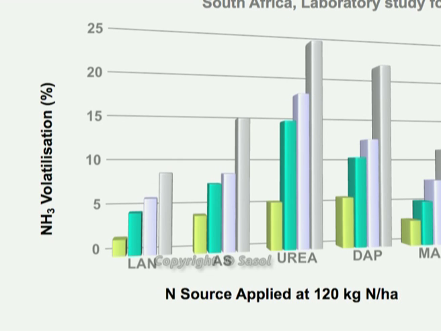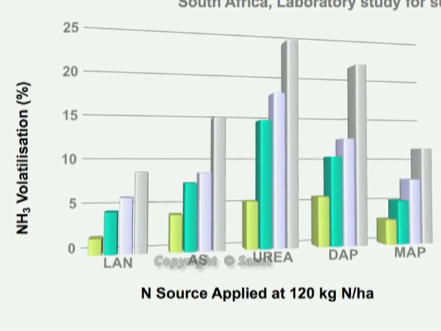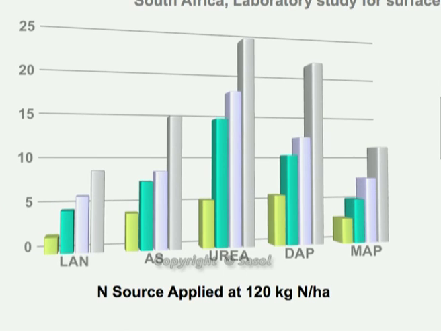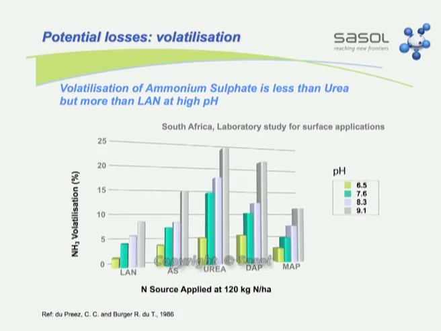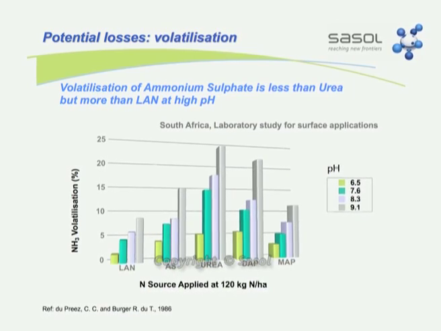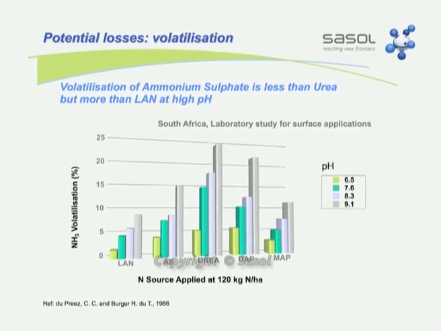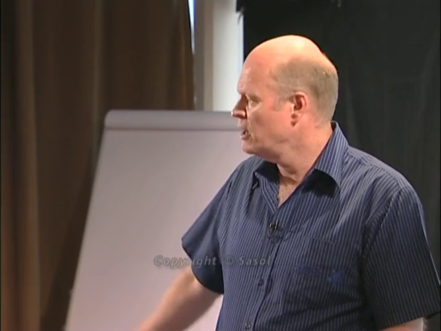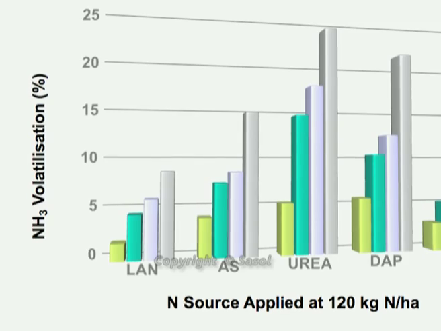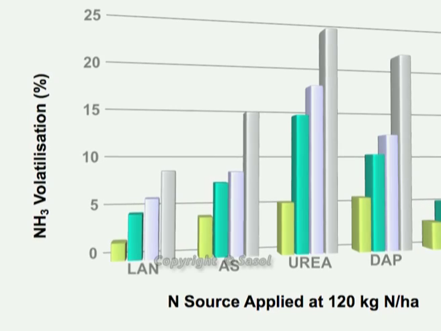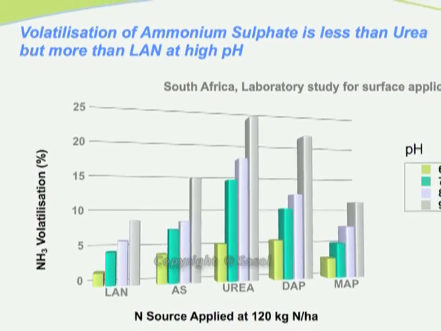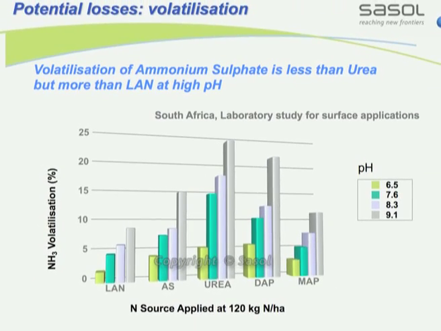And for all N sources, LAN, ammonium sulphate, urea, and the others, we have an increase in volatilization losses with an increase in pH. For these sources, the volatilization loss with an increase in pH is much more for urea compared to ammonium sulphate. But then on the other hand, the losses from LAN is less than from ammonium sulphate.